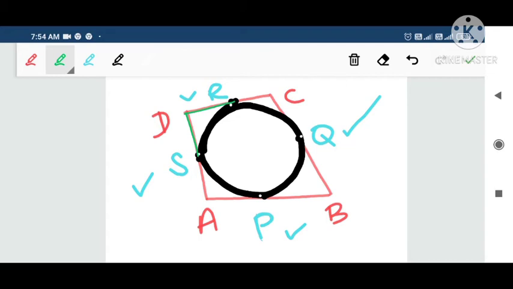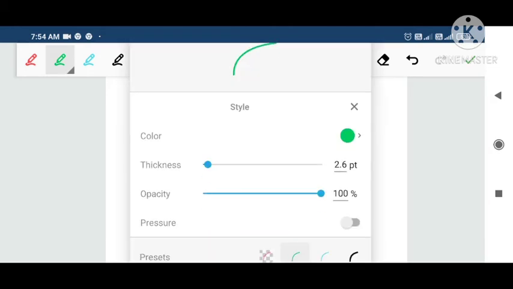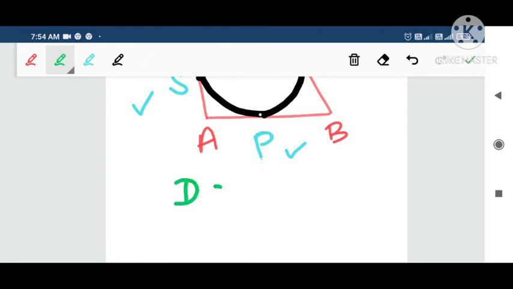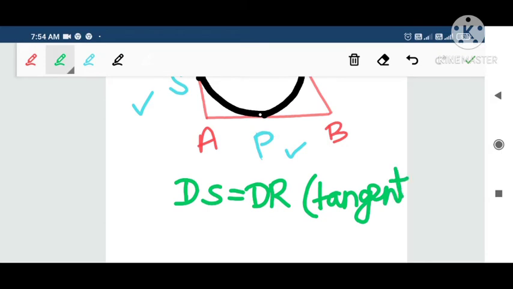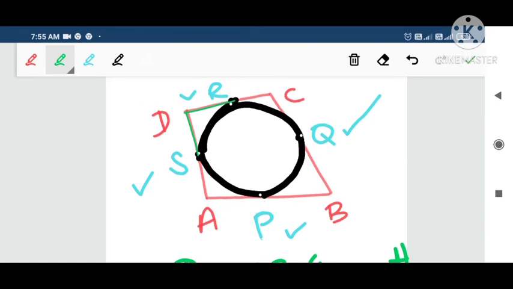So DS is equal to DR, because two tangents drawn from an external point are equal. DS is equal to DR because they are tangents. Next, take AS and AP.